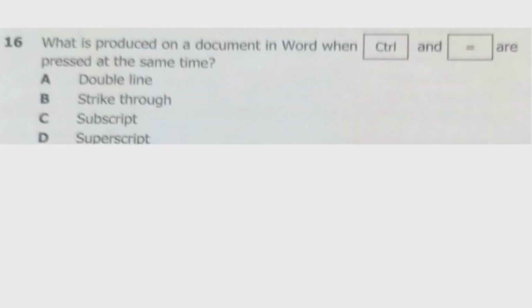Question 16 is as follows. What is produced on a document in Word when Control and equal sign are pressed at the same time? A, Double line. B, Strike through.